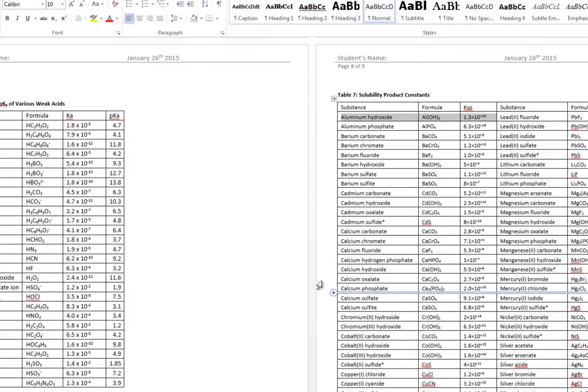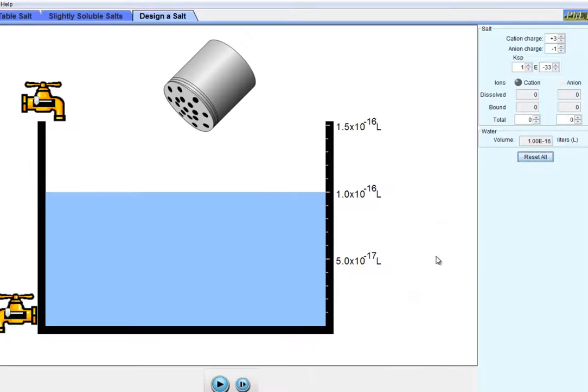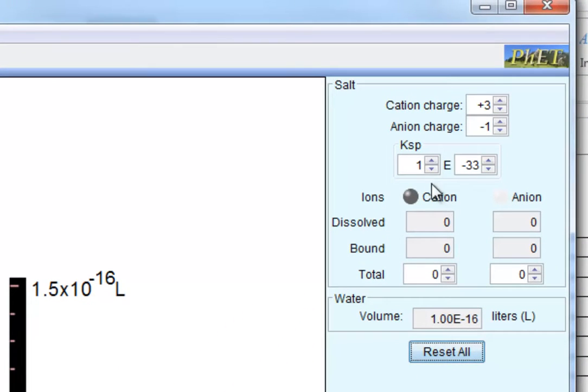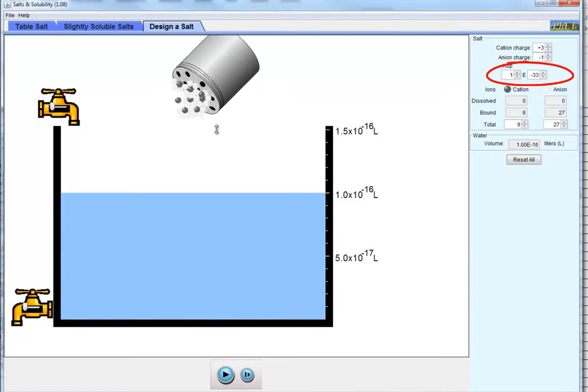So I'll model that particular salt using the sim. There's the sim. Great, so I know that the Ksp is 1 times 10 to the minus 33. Is it 33? Yeah, it's 33. And I know that aluminums are plus 3, and I know that hydroxides are minus 1, so I'll model that. And I think what we'll do is we'll put in some aluminum hydroxide and we'll hit play.